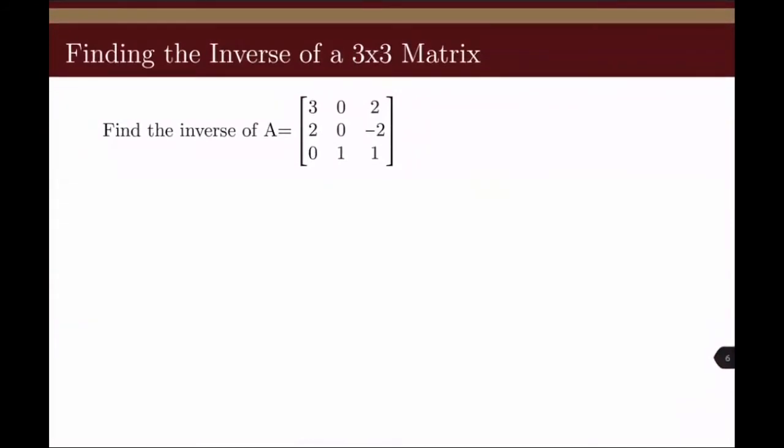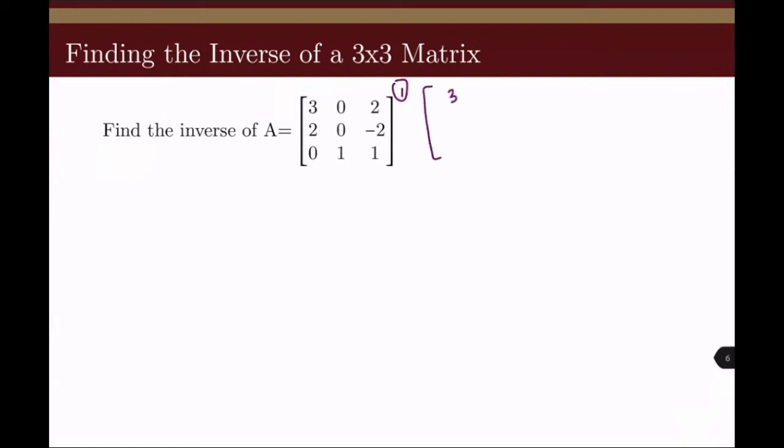Finding the inverse of a 3 by 3 matrix is much more complicated, and we don't have a really nice trick for it. We just kind of have to go for it. So essentially what you're going to do is augment the matrix with the identity matrix. So it's going to be step 1.